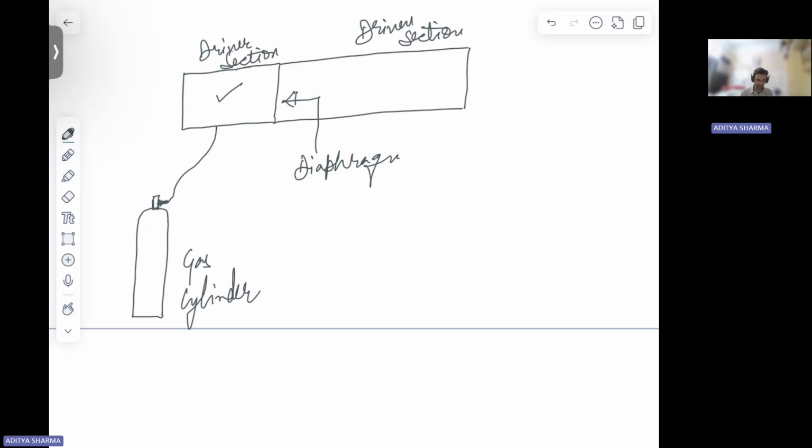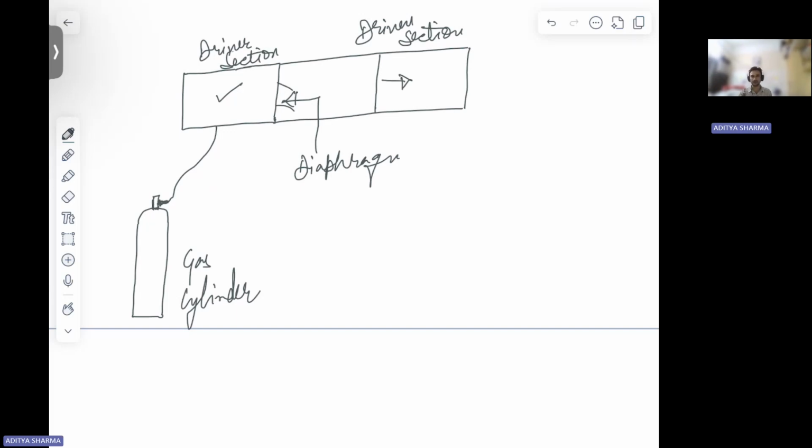For diaphragms we use aluminum diaphragm, mylar sheets, or paper diaphragms. At some pressure, this diaphragm is going to rupture. This is going to give a shock, which will move in this direction.